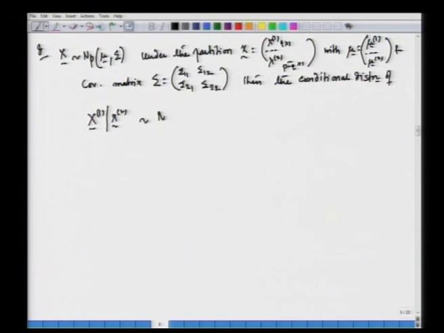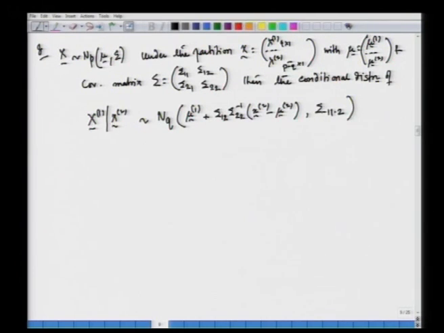This follows a q-variate normal distribution with mean mu1 plus sigma 12 sigma 22 inverse (x2 minus mu2), where x2 is the given value of the subvector x2, denoted by small x2 here, and covariance matrix sigma 11.2.